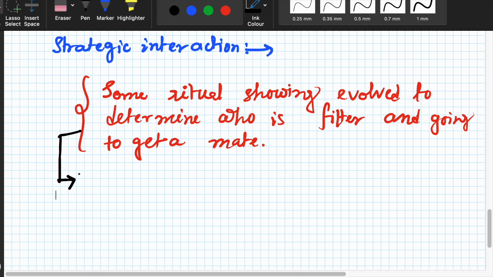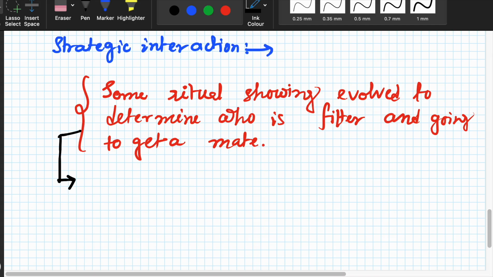Why is that so? Why does evolution select in such a way that many of these mating fights do not escalate into serious fighting where each inflicts serious injury on the other? So this was the question.